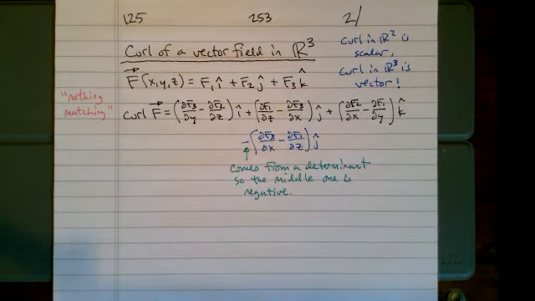So we got a vector. We got determinants. And none of the things go together. F1 is supposed to go with I in the vector field, but the I component of the curl does not have any F1.